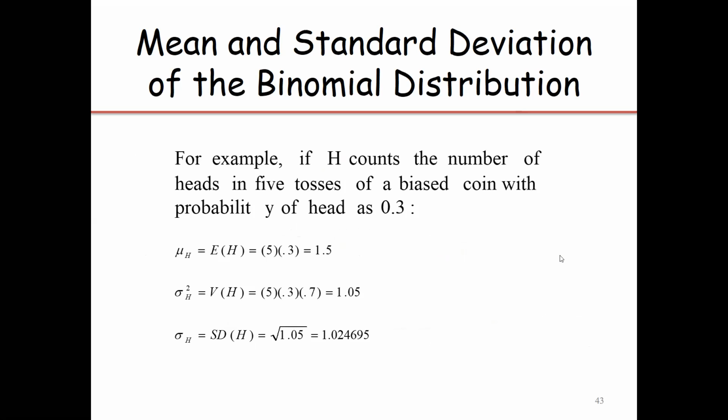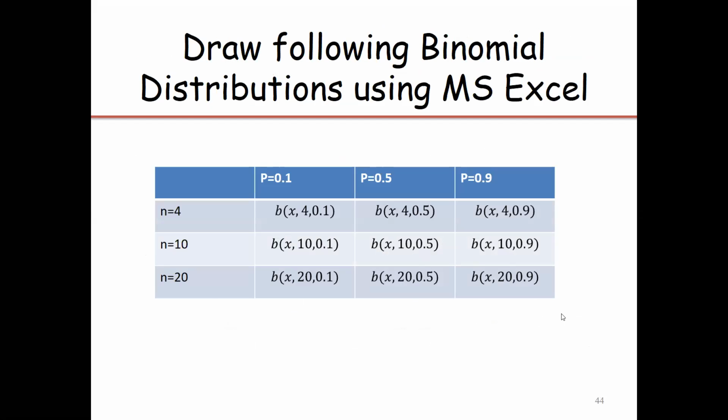Similarly, if we are interested in computing the mean and standard deviation, if the coin is tossed and the probability of head is 0.3 and n is 5, then 5 multiplied by 0.3 is the mean, and 5 multiplied by 0.3 multiplied by 0.7 will be the variance, and similarly the standard deviation will be the root of that. There is a simple way to compute this.